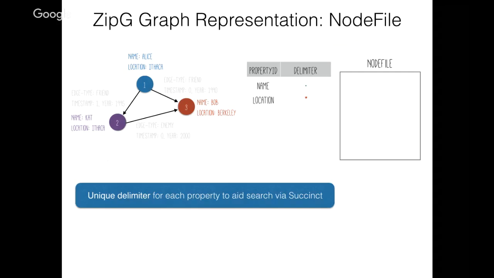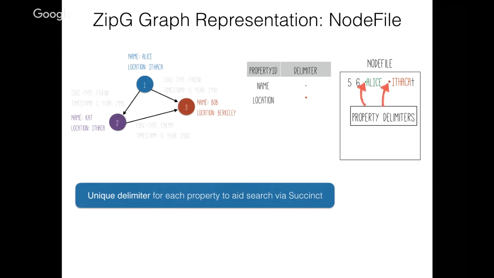In order to represent the node properties, ZipG assigns a unique delimiter to each property of the nodes. In this example, we are assigning a dot delimiter to the name property and a star delimiter to the location property. Now these delimiters will help in searches using Succinct, as I'll show in the next slide.